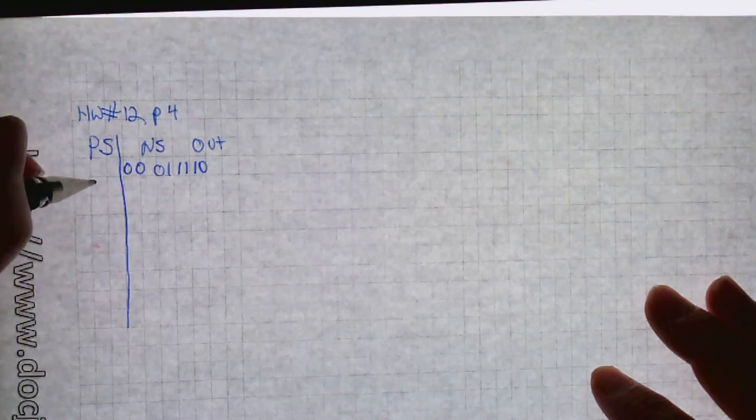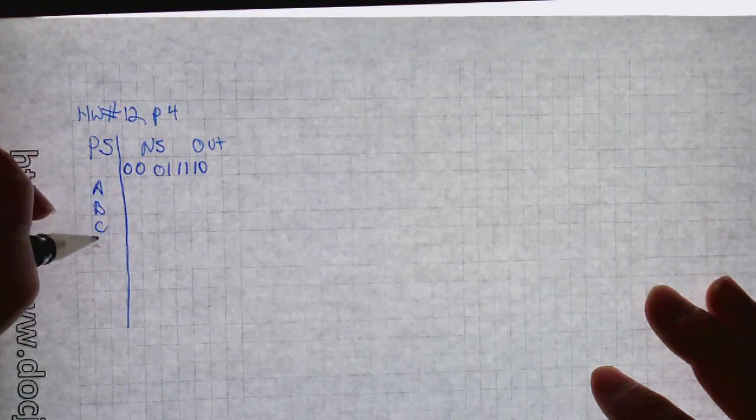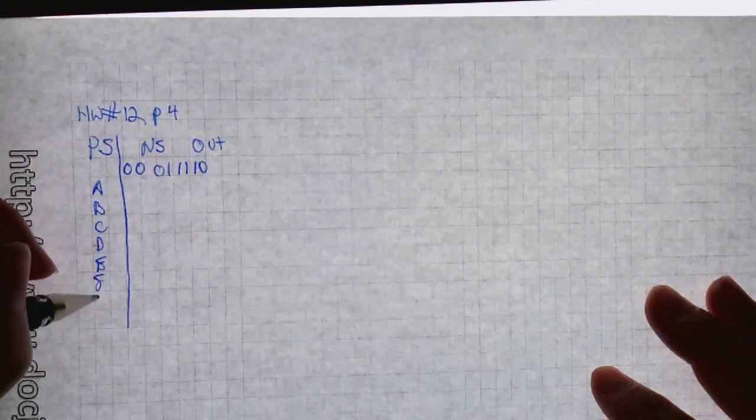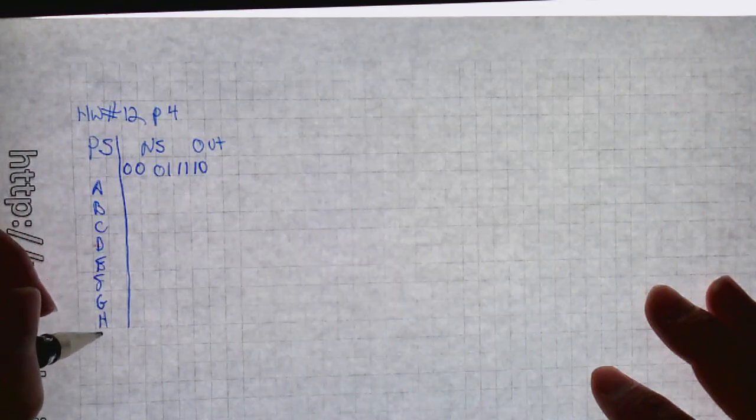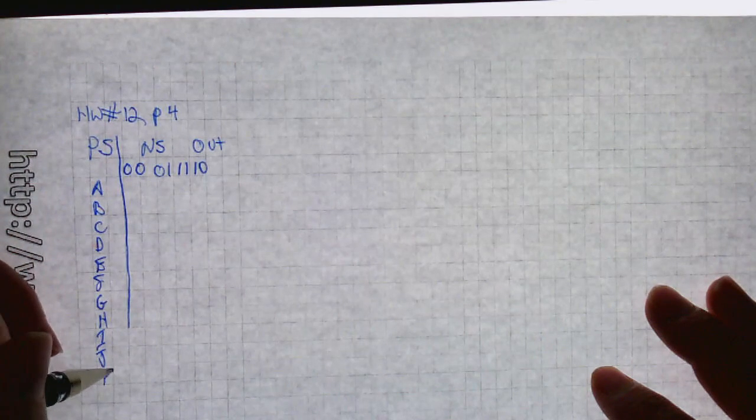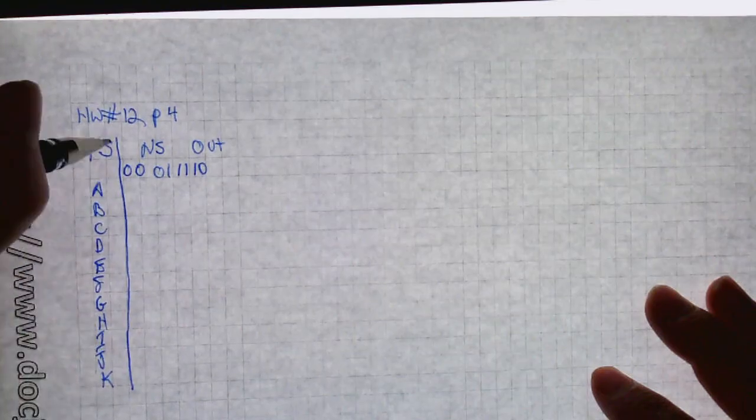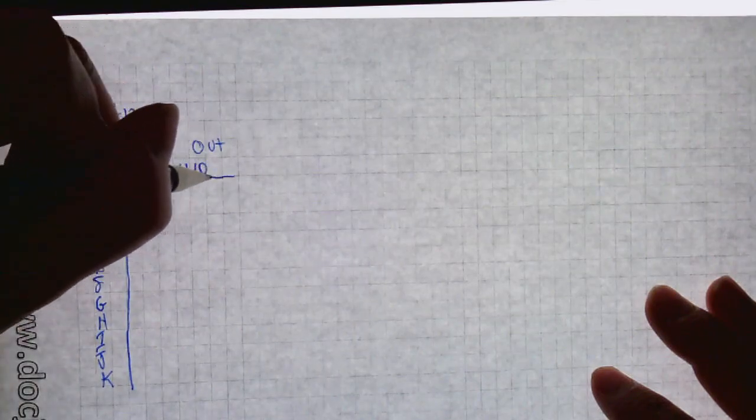That's the present state, and it's lettered A through K: A, B, C, D, E, F, G, H, I, J, K. Okay, that's enough. Just keep adding more letters here. And why should we stop at K? Let's go down to Z, because that's even more funner.